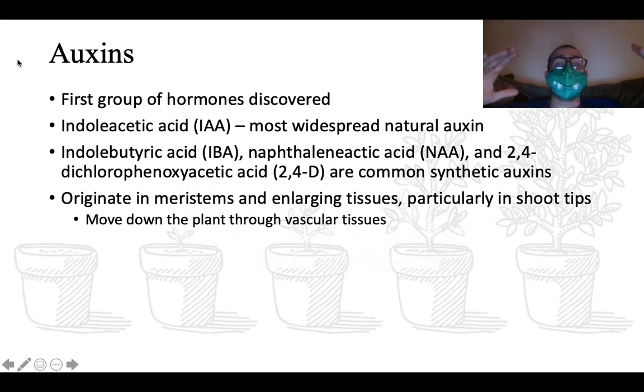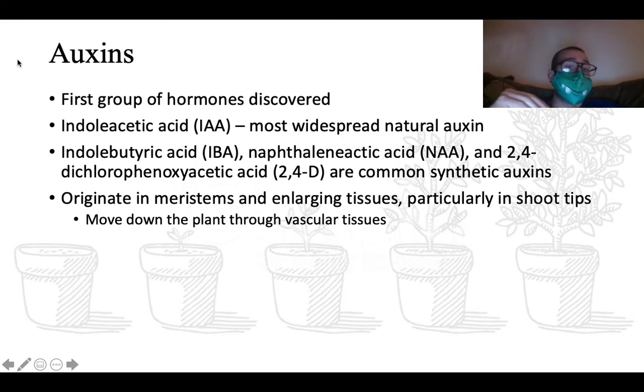The most widespread natural auxin is indole acetic acid, or IAA. You'll see that. IBA, indole butyric acid, and naphthalene acetic acid, NAA, as well as 2,4-D, are also common synthetic auxins that you will see as well.